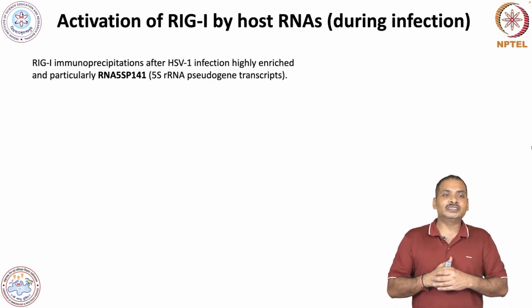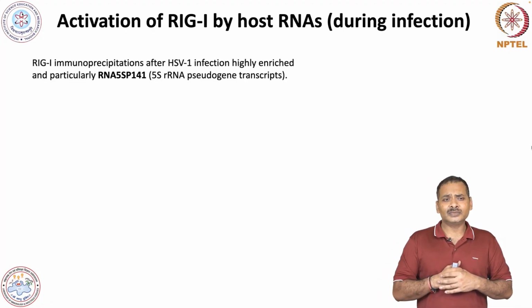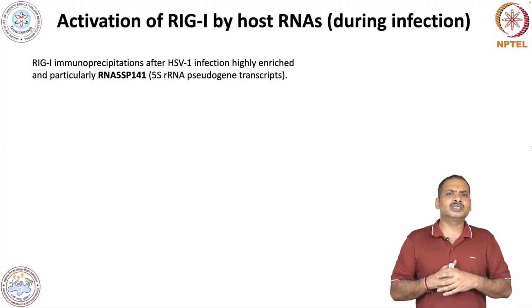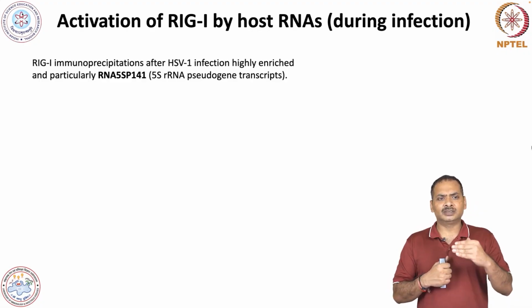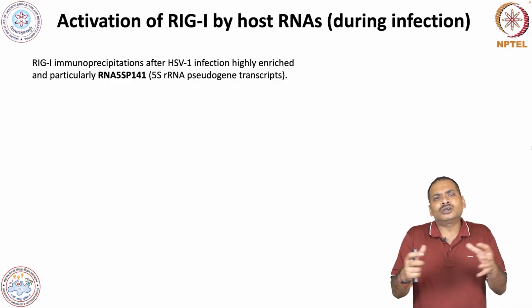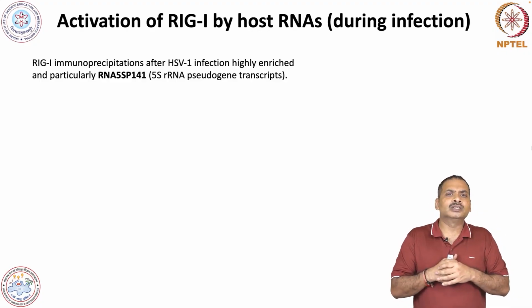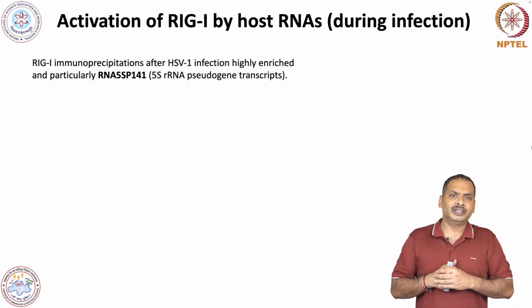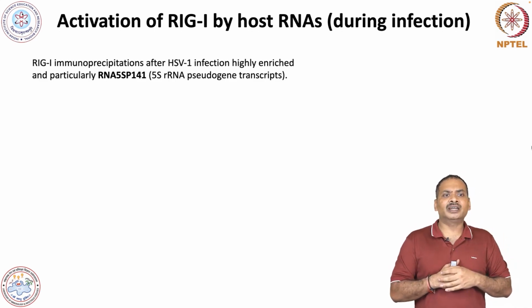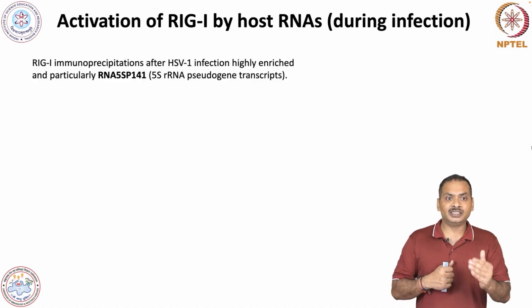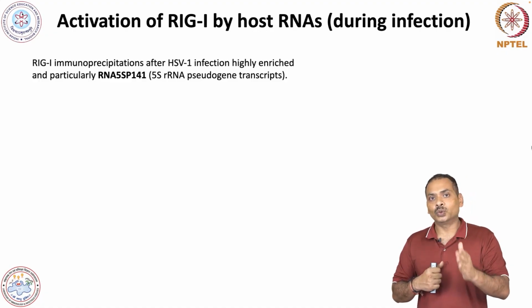So here you can see that after herpes simplex virus infection, people found out that RIG-I is strongly associated with our own RNA molecule. And this RNA molecule is RNA 5SP141.